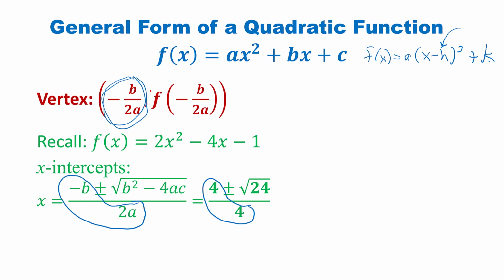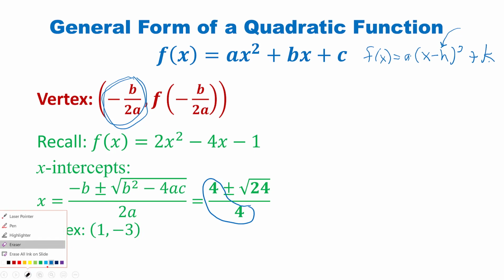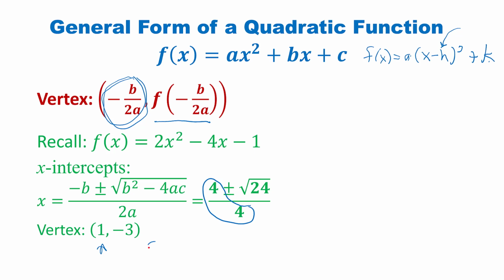So here our vertex, the x-coordinate was 1, 4 over 4. How would we get that y-coordinate then if we knew what the x-coordinate is? Well, it says find f of negative b over 2a. If we do that, we're going to find that f of 1 is equal to, here is our f of x.